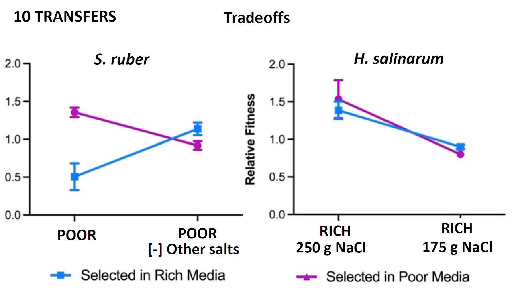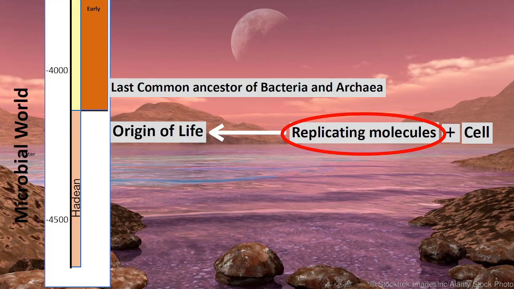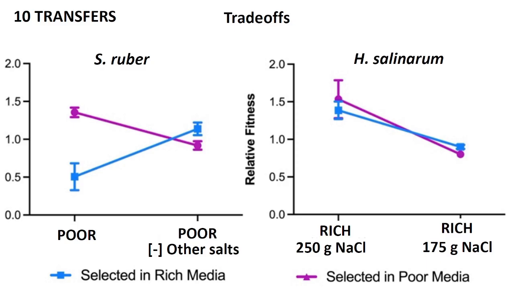In poor environments, and we have one that's poor plus minus some salts, we see that the poor media ones actually don't do as well when you get rid of the other salts, not sodium chloride. So for the bacteria, we see trade-offs in the poor environment with and without the other salts.